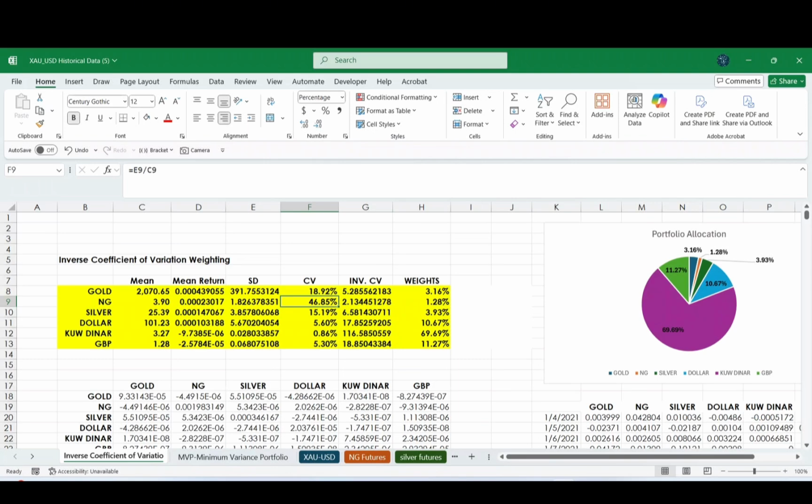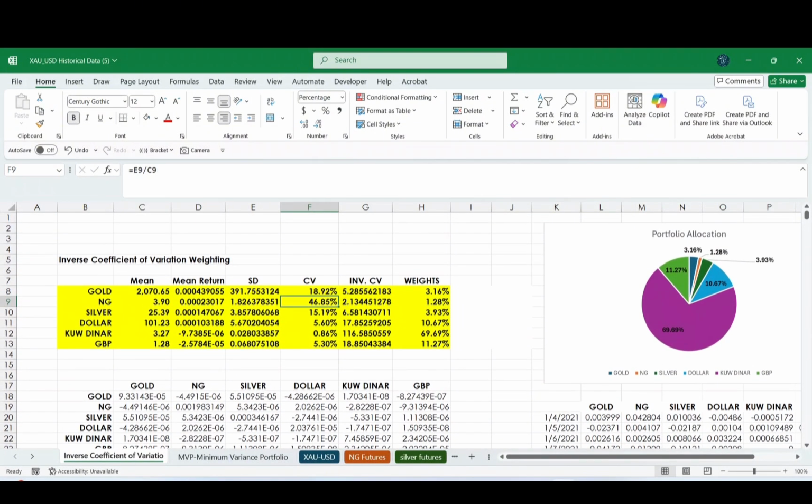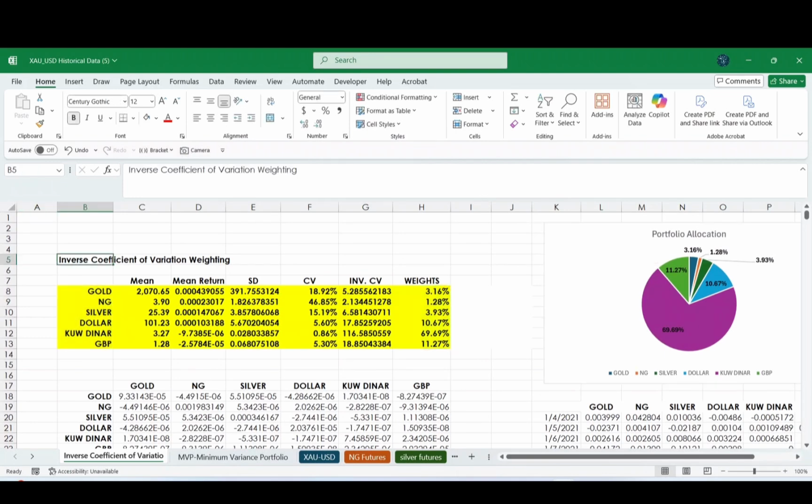It shows a very high standard deviation, a very high coefficient of variation. So this method is called the inverse coefficient of variation weighting, because you are calculating the weight based on the inverse coefficient.